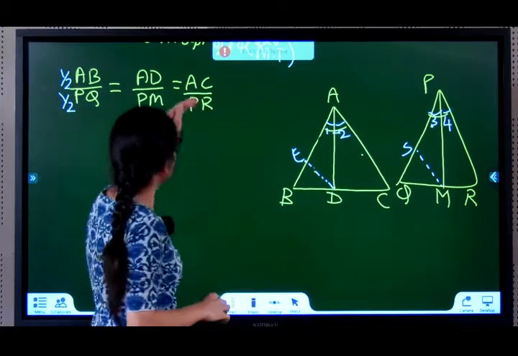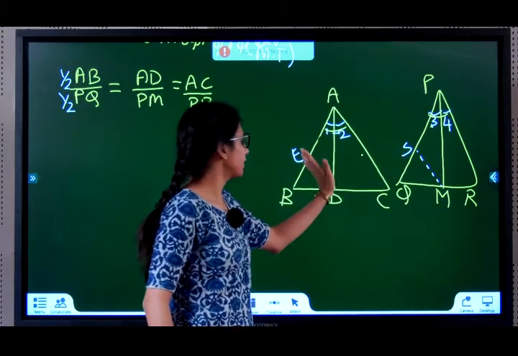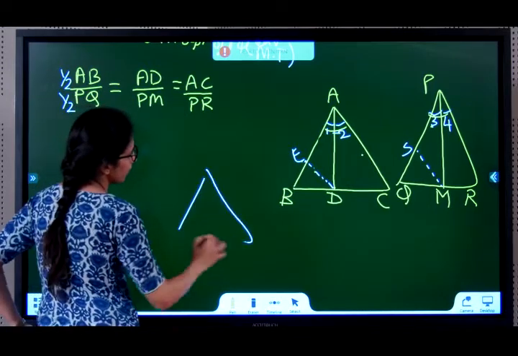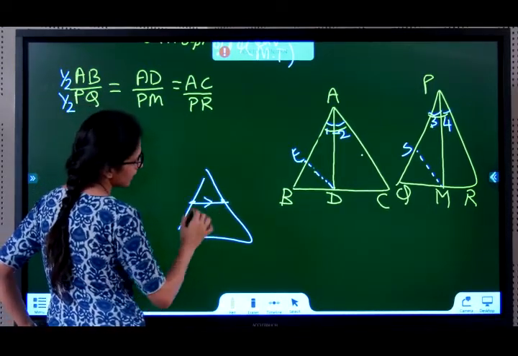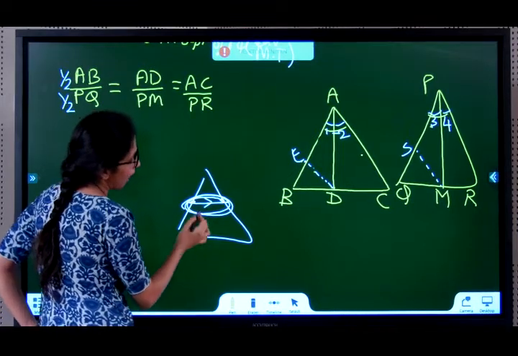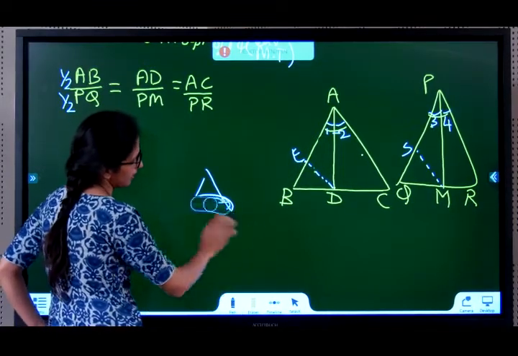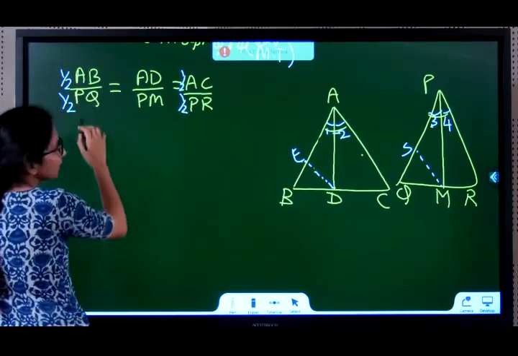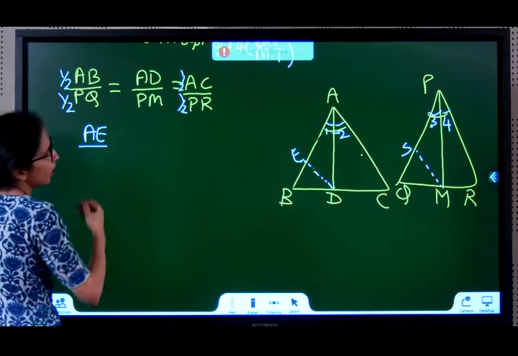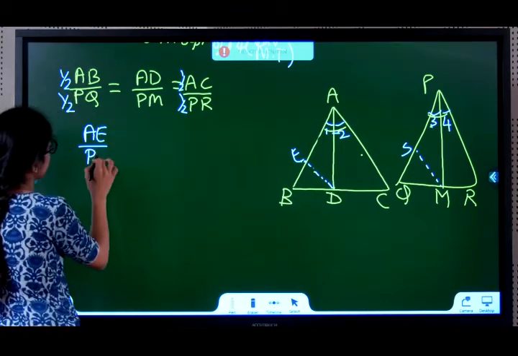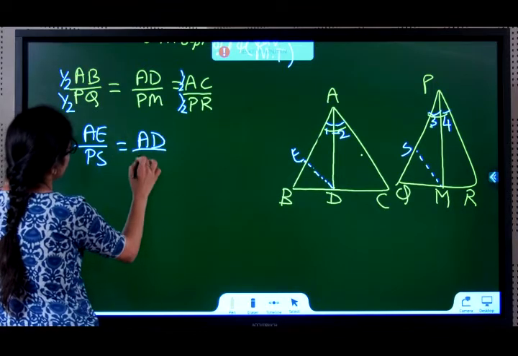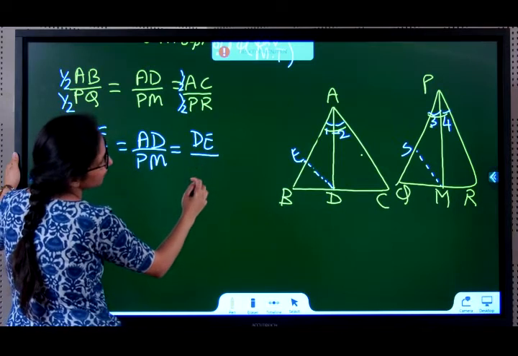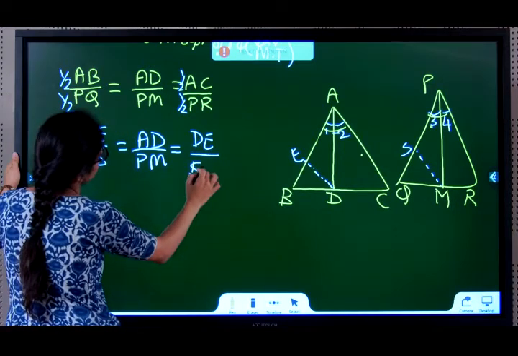Next. Do I want AC and PR? No. But DE is half of AC. Why? Midpoint theorem. In midpoint theorem, if you join two midpoints like this, it is half of the base. Yes? So, I'll write this also half and half. Half AB is nothing but AE. Half PQ is nothing but PS. Keep AD and PM as it is. Half AC is nothing but DE and half PR is nothing but SM.